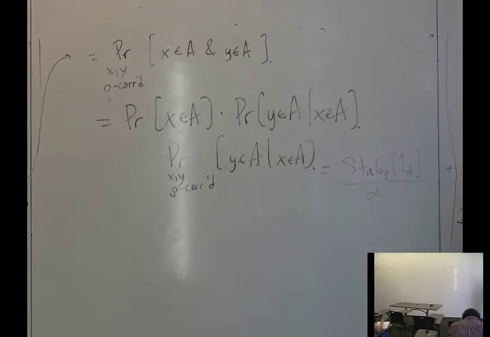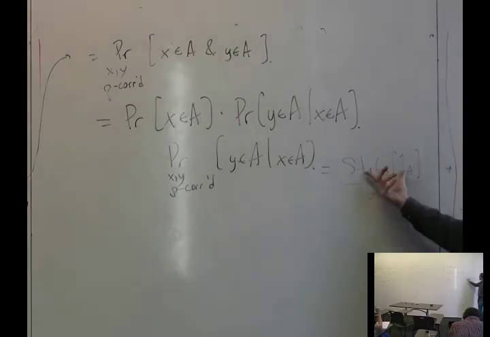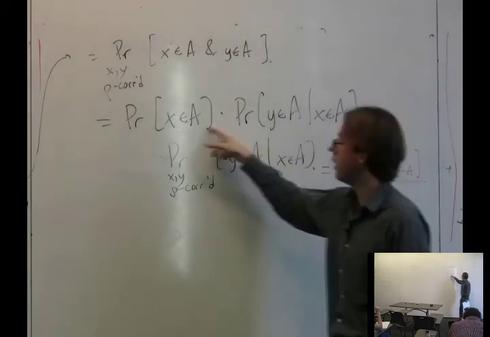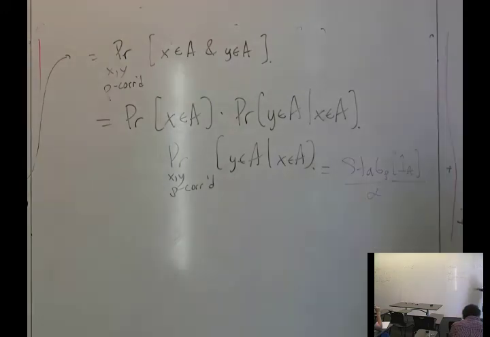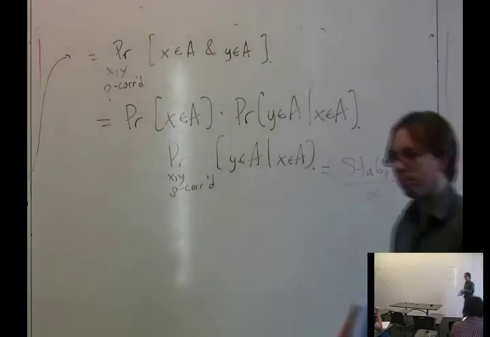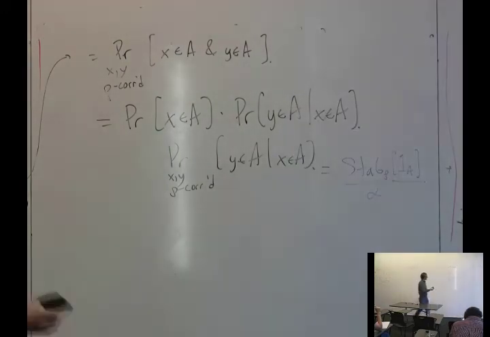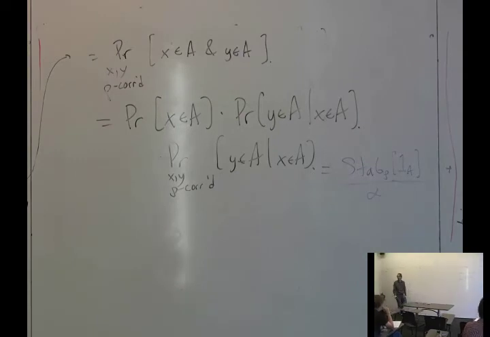Okay, so thinking of alpha as a constant, the noise stability of this function, after dividing by this constant, tells you this quantity. What's the probability that if you take a random pair of correlated strings, condition on the first one falling into A, that the second one will also fall into A?